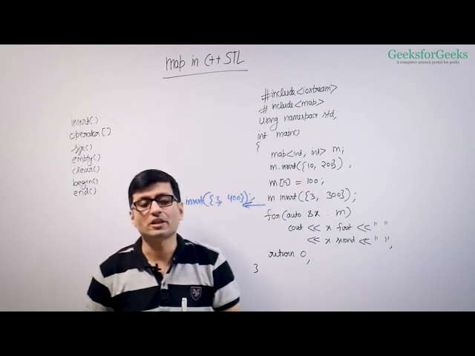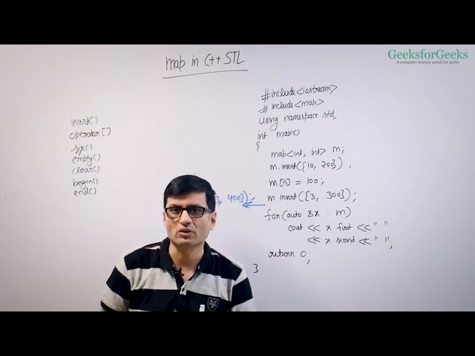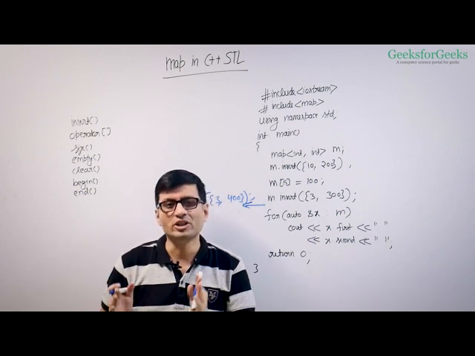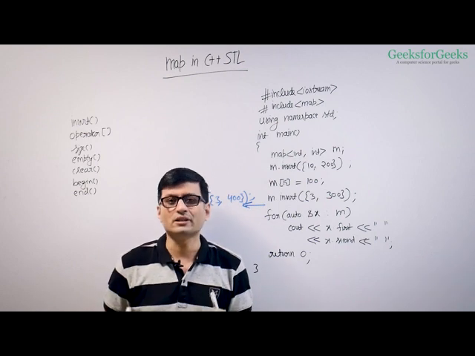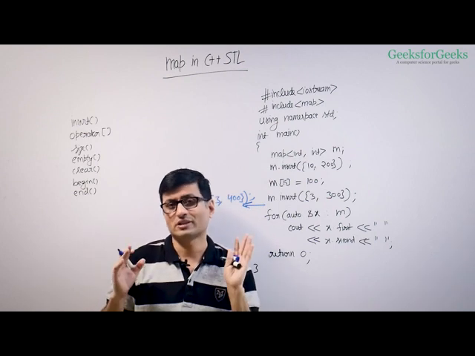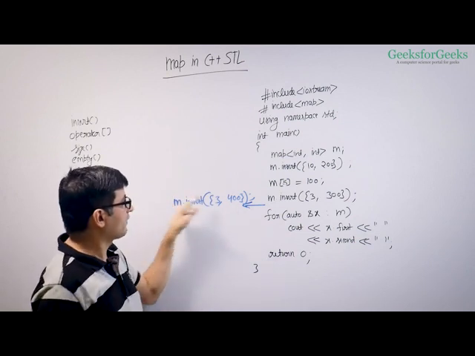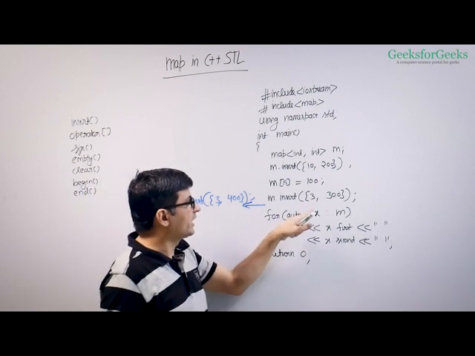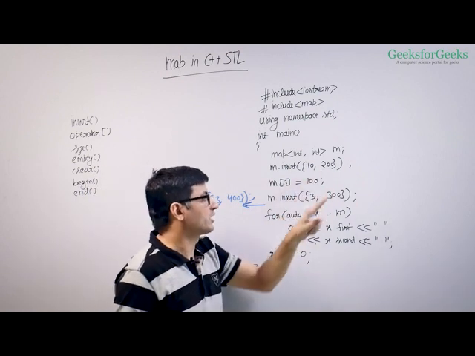Basically the point is, if there is a key already present in the map and if I'm calling insert on the same key with a different value, then this new key value pair is completely ignored. The behavior is same as set, right? Set we discussed. So what will be the output of this program? If I add this line after this, the output is going to be same. We'll get 300, 500 and 200.